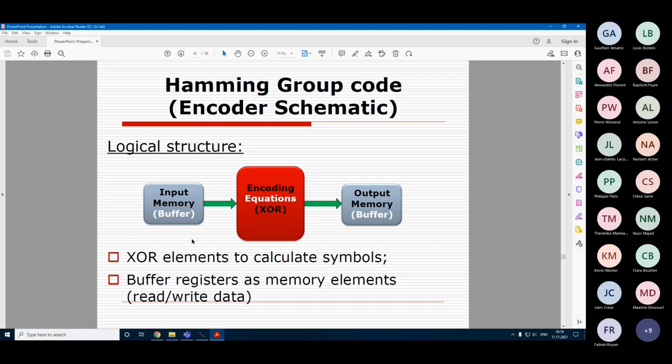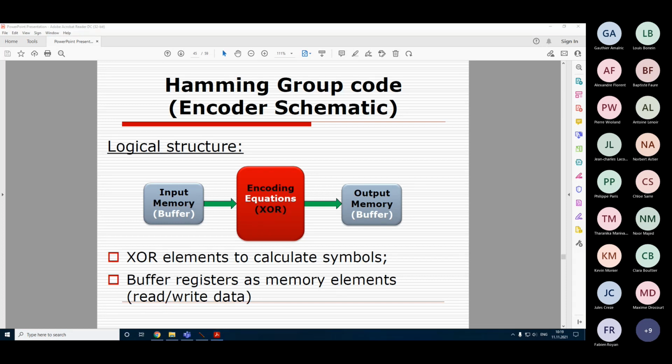So, what is the logical structure of our encoding device? First of all, we need some memory where we are going to store our information bits. So, info goes to memory. Then we need some XOR logic to implement the encoding equations, to calculate these control symbols.